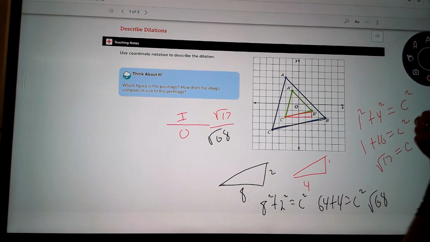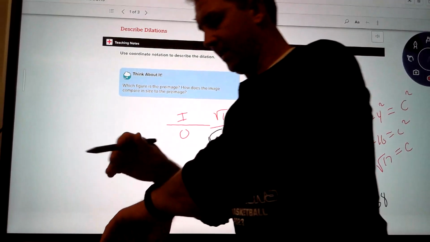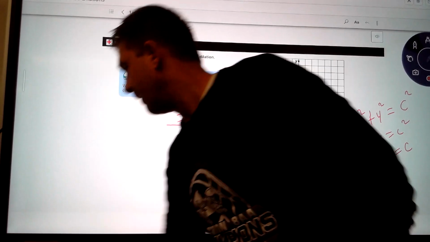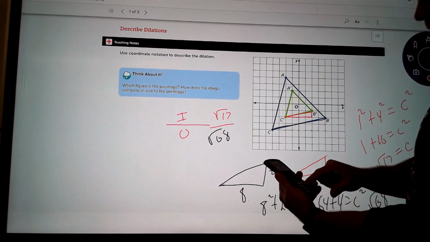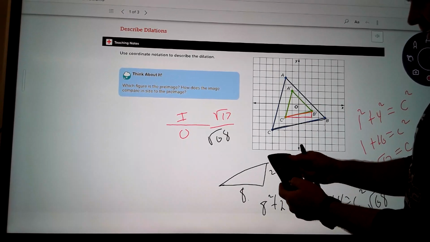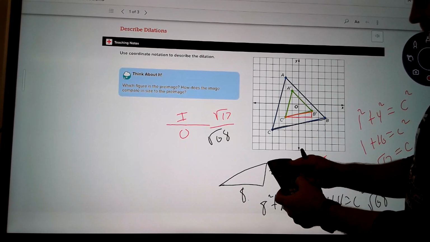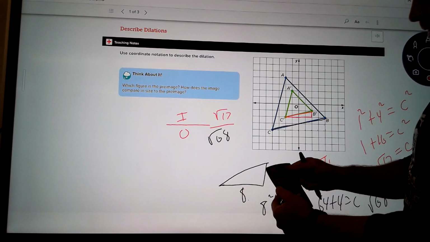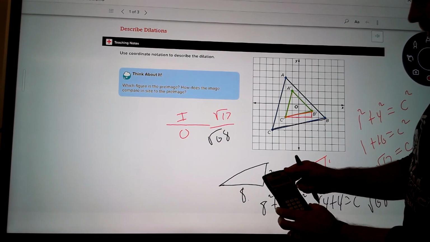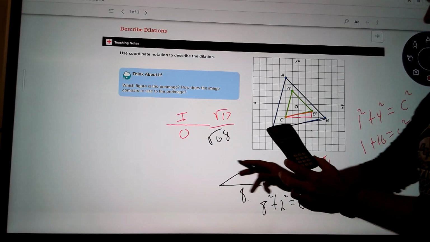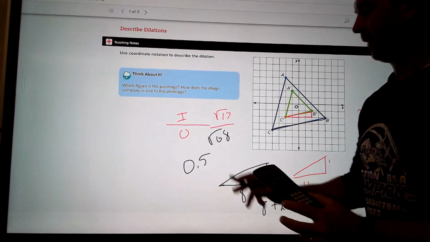Now, let's say I actually did that on a calculator. If I take the square root of 17 divided by the square root of 68 equals, I get exactly 0.5.